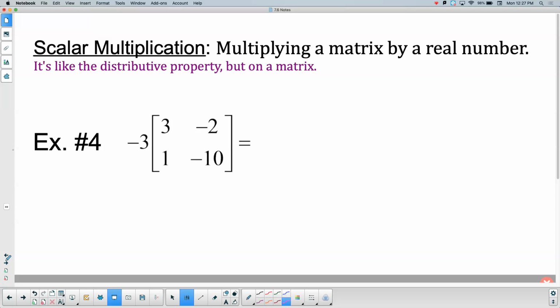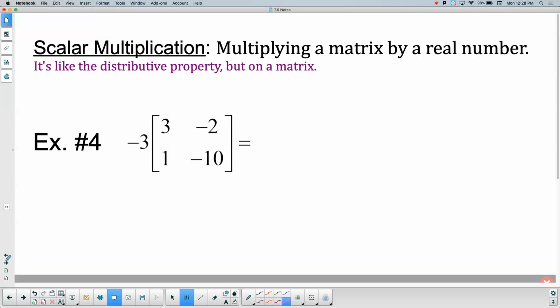There's two different kinds of multiplication in matrices. There's scalar multiplication, which we will deal with today, and there's matrix multiplication, which we'll deal with on Wednesday. Okay?